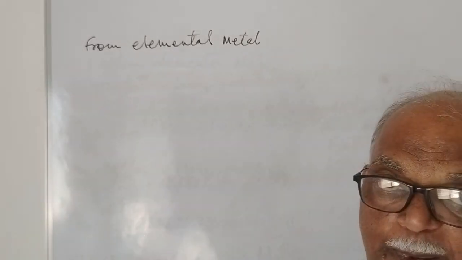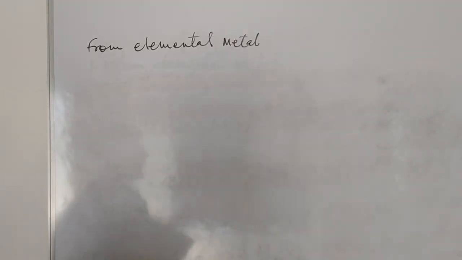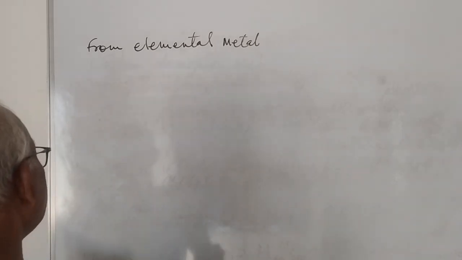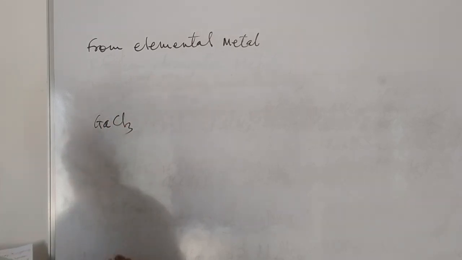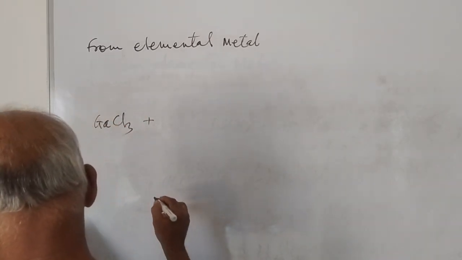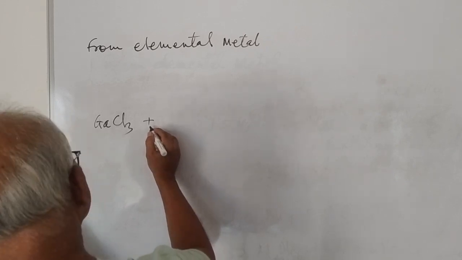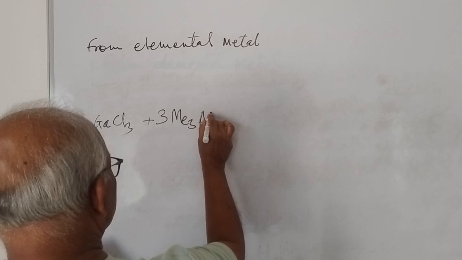So if we want to prepare organometallic compounds, means alkyl gallium, then we have to use this gallium chloride GaCl3 plus the alkyl, methyl thrice Me3Al.